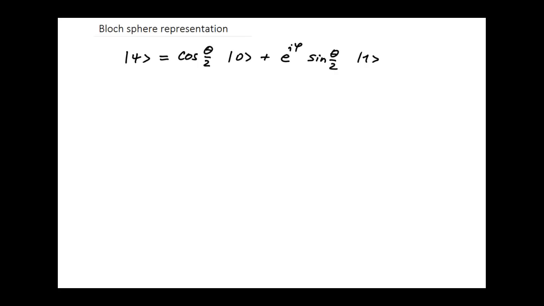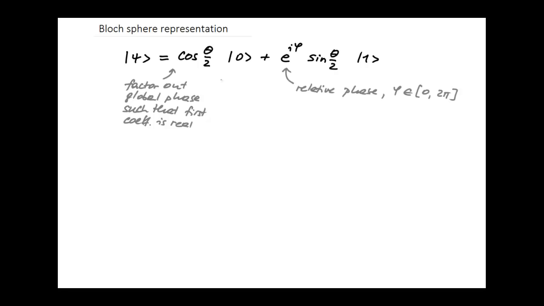Let me note that what we have done is factor out a global phase, which is irrelevant, and we've done it in such a way that the first coefficient is real. We don't have any phase in front of the first coefficient. Here, on the other hand, we have a relative phase, where phi is somewhere between 0 and 2 pi.